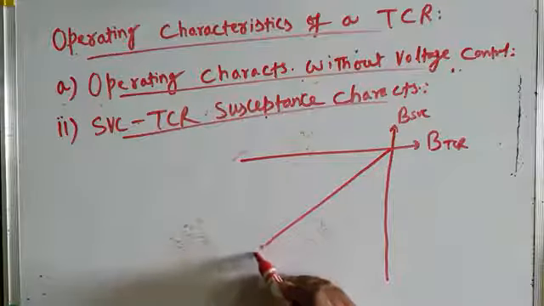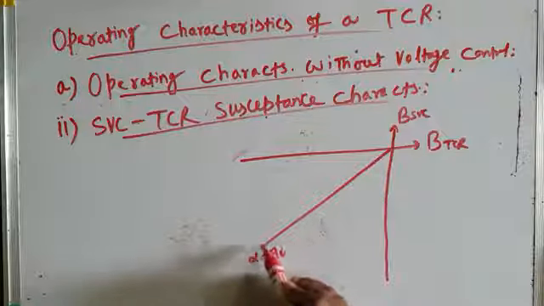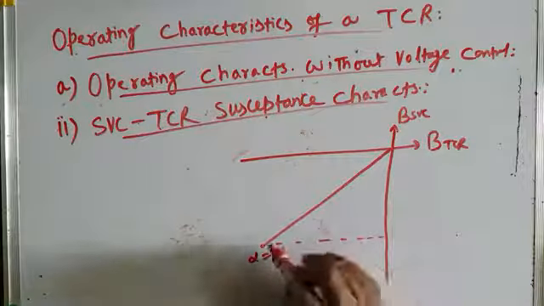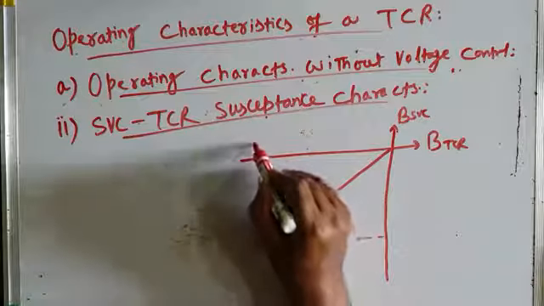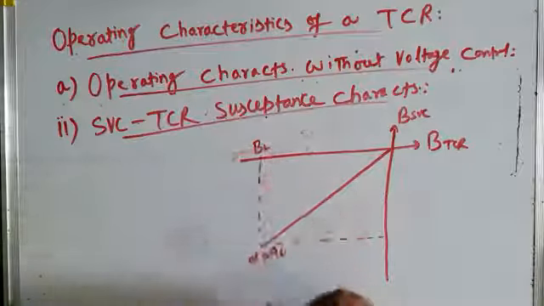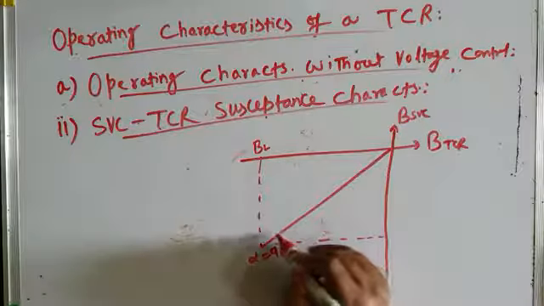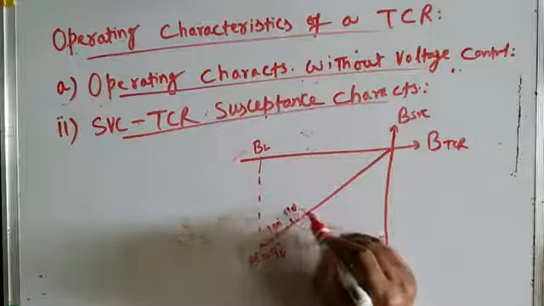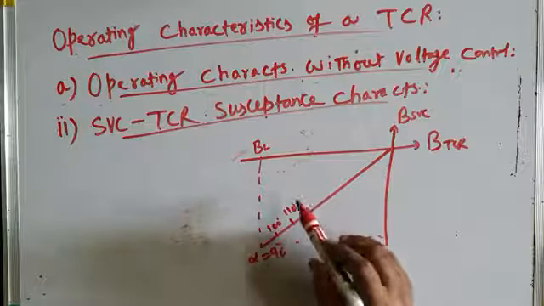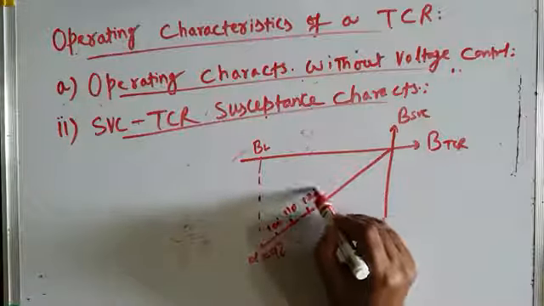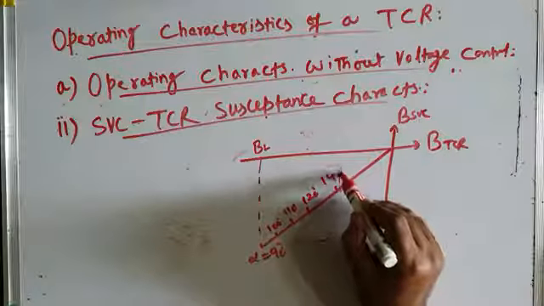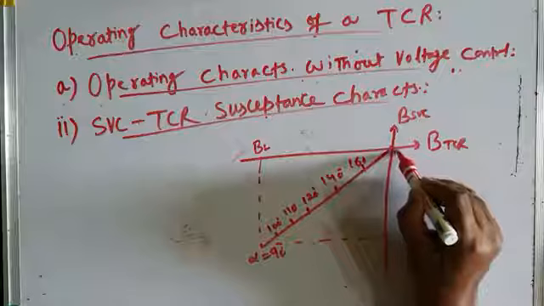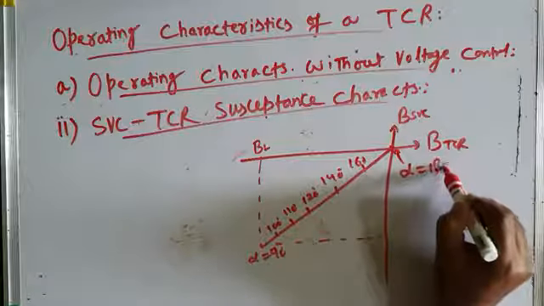This is alpha equal to 90 degrees, for which TCR susceptance is maximum, and SVC susceptance is also maximum, equal to BL. Then this is alpha equal to 100 degrees, alpha equal to 110 degrees, alpha equal to 120 degrees, alpha equal to 140 degrees, alpha equal to 160 degrees, and here alpha equal to 180 degrees.